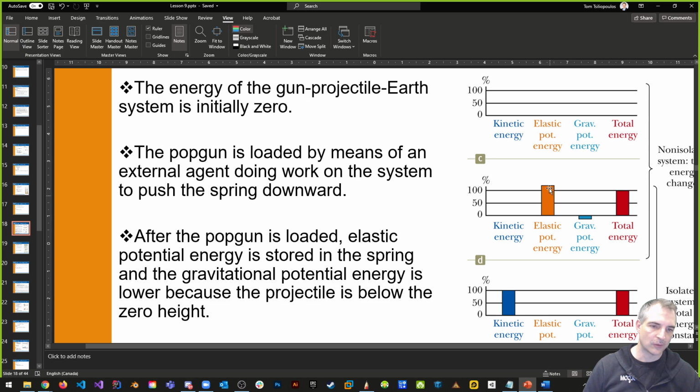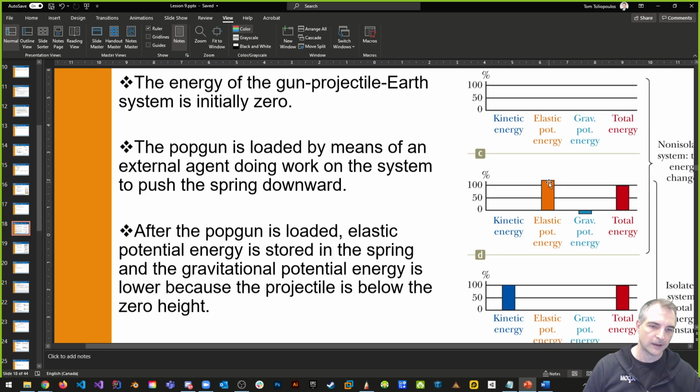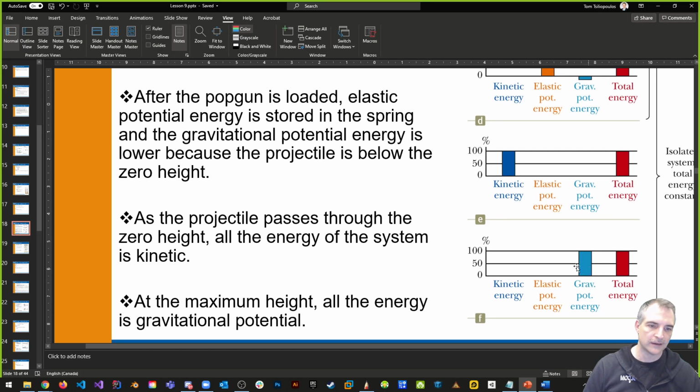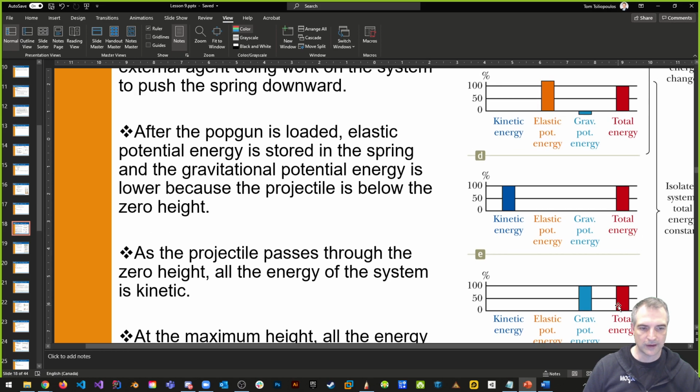And then what's going to happen is the elastic potential energy is going to transfer into gravitational potential energy as the object moves higher and higher, right? When it comes to the highest speed, it's going to have the most kinetic energy as it reaches its maximum speed. And then finally, when it gets to the total height, the kinetic energy is going to continue to deplete until it reaches the total height where it has the most gravitational potential energy. Notice the energy of the system here is the exact same. The system is not losing energy, it's just transferring energy.